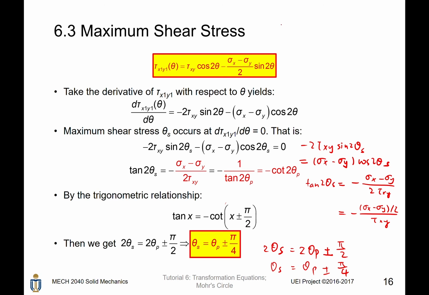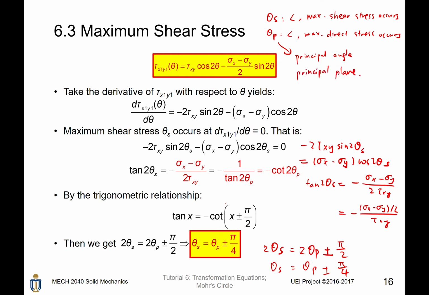To make it clear, theta s is the angle at which maximum shear stress occurs, while theta p is the angle at which the maximum direct stress occurs. Theta p also has another name, the principal angle. The plane with such a principal angle is called the principal plane. So this equation describes the relationship between theta s and theta p.